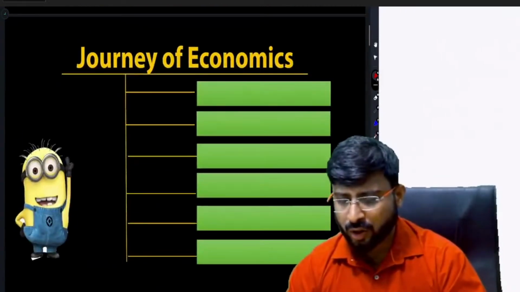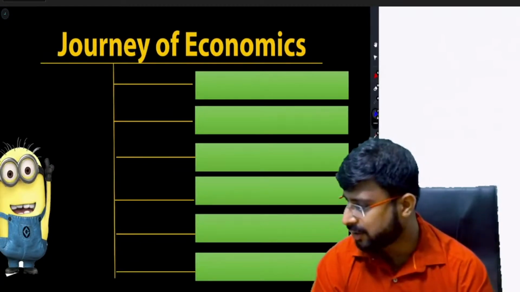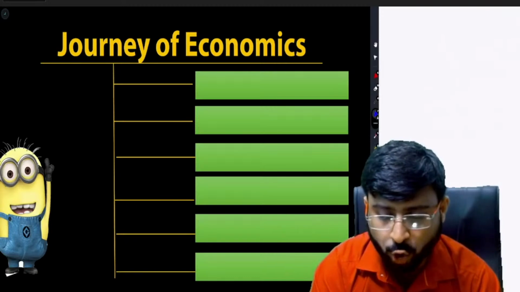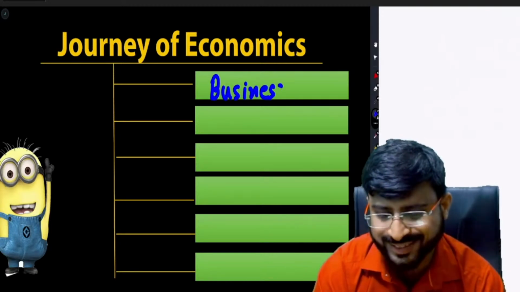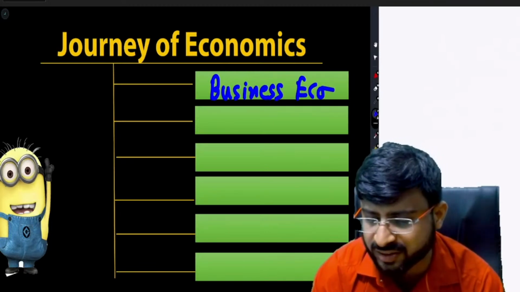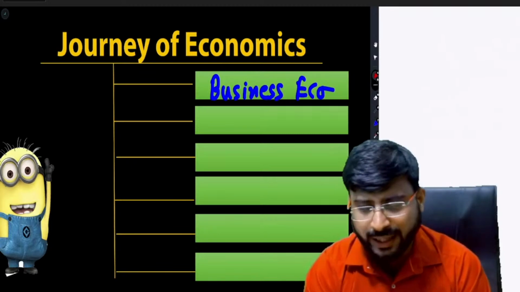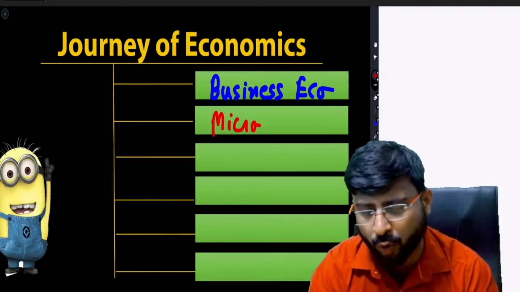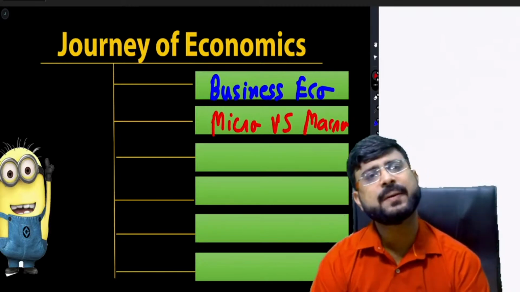So, our journey of today's class will somewhat be like, we will first of all talk about the meaning of the concept business economics. Beyond that, we will talk about the 2 aspects of economics, which is micro versus macroeconomics.